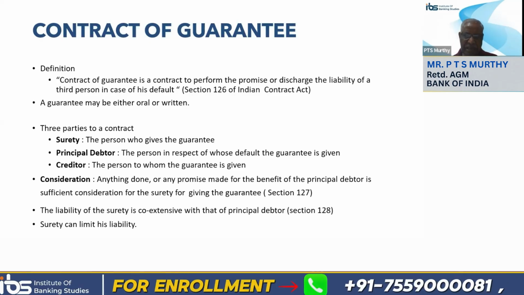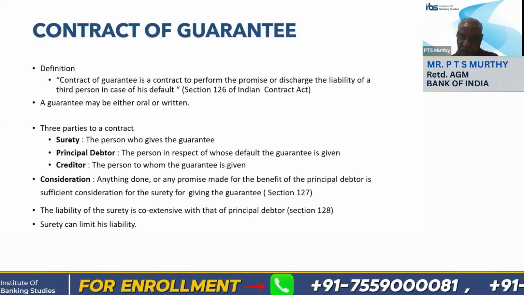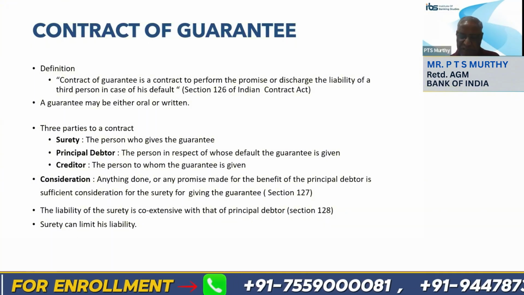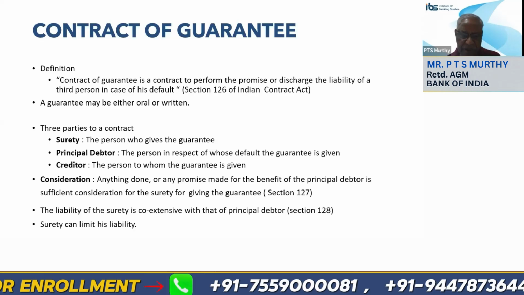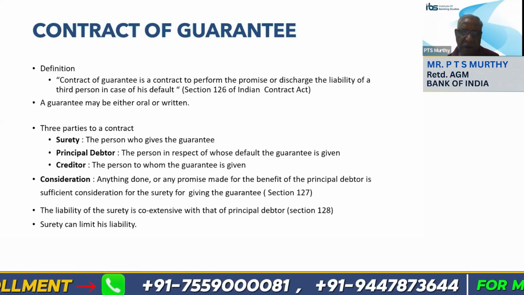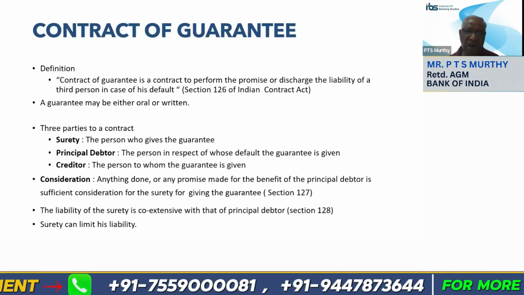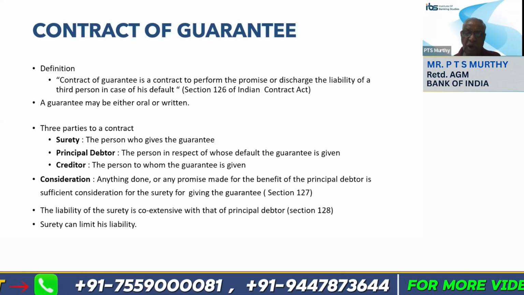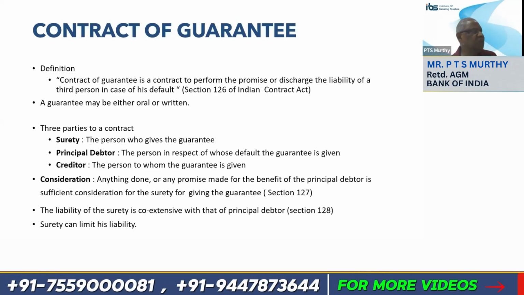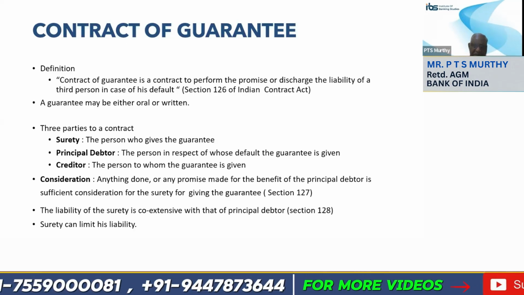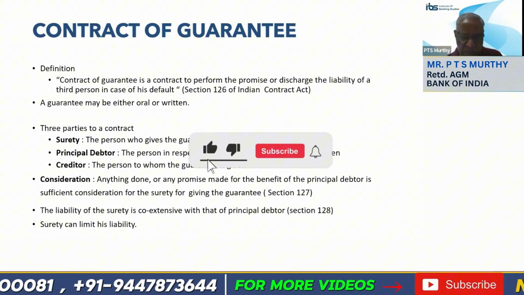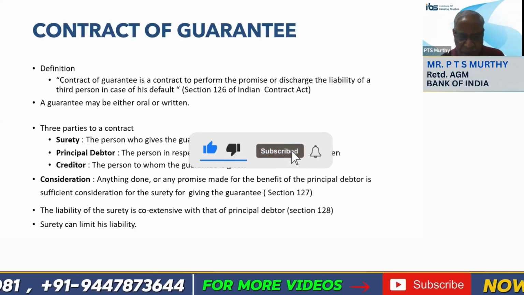So in this case, the bank is the guarantor and they have to make the payment to the beneficiary, that is the Samsung company, in case a default has been reported by the Samsung company to us. So this is called a contract of guarantee, which we normally give to many customers. Here also, the same contract, three parties are there. The principal debtor is the applicant, the creditor is the beneficiary, and the surety is the bank.